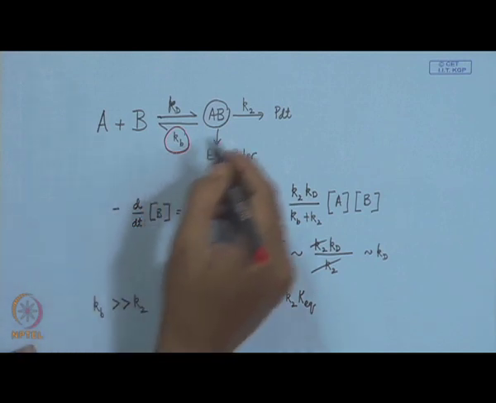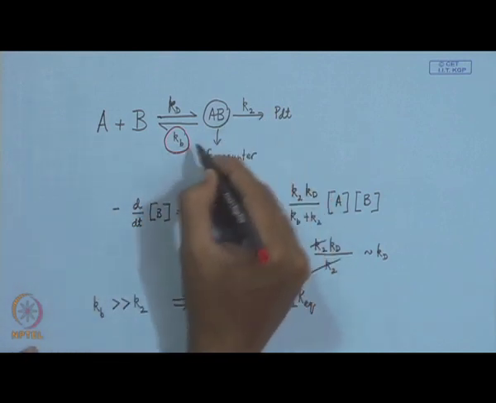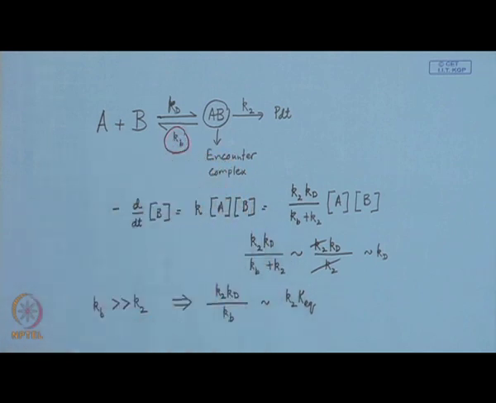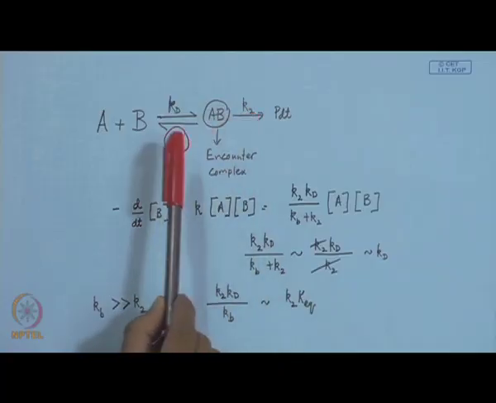That is, K2 is so fast that the back reaction is negligibly small, like your reaction between H plus and OH minus. The moment it comes, generating water, there is no chance that the back reaction takes place. Maybe water dissociates to form H plus and OH minus, but that is very small. So, that is why K2 is very high compared to Kb.